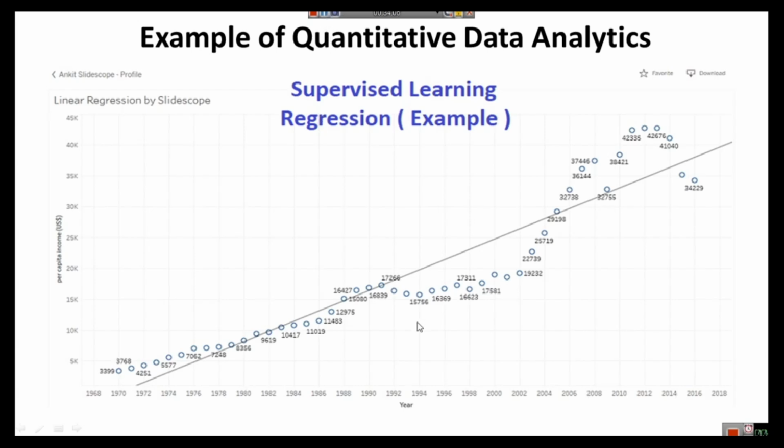this is relational data. For every year we have some per capita income which is in US dollars. So a graph is used here to represent this data, and you can see how per capita income is growing with respect to year, how every year per capita income is increasing, and you can see that it is increasing linearly, but the growth is not perfectly linear.